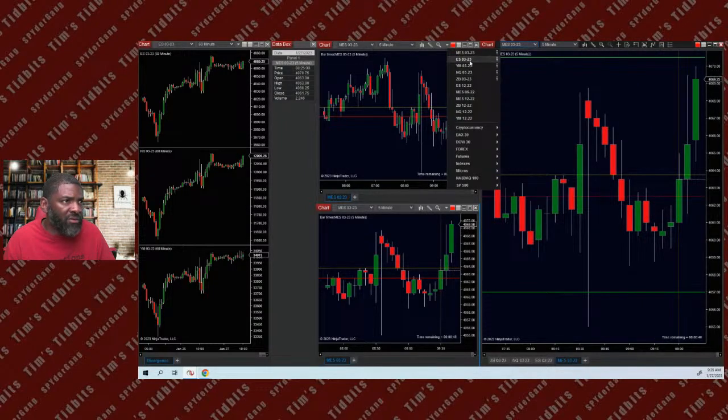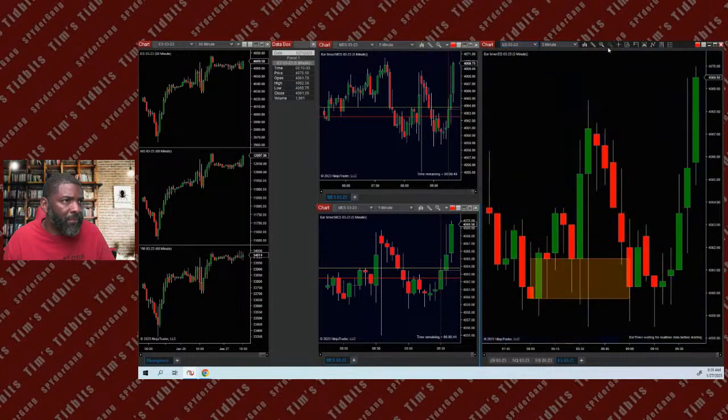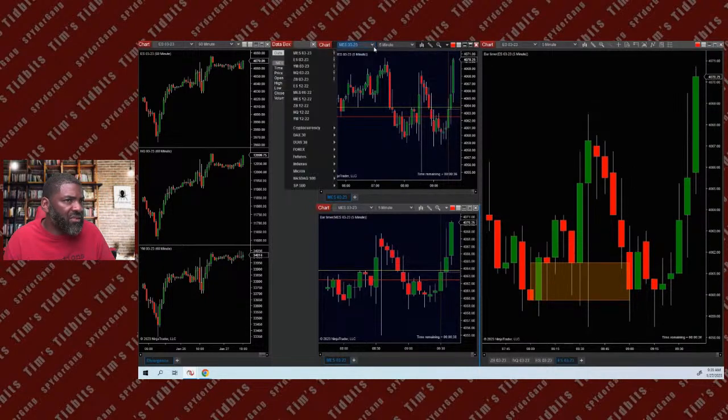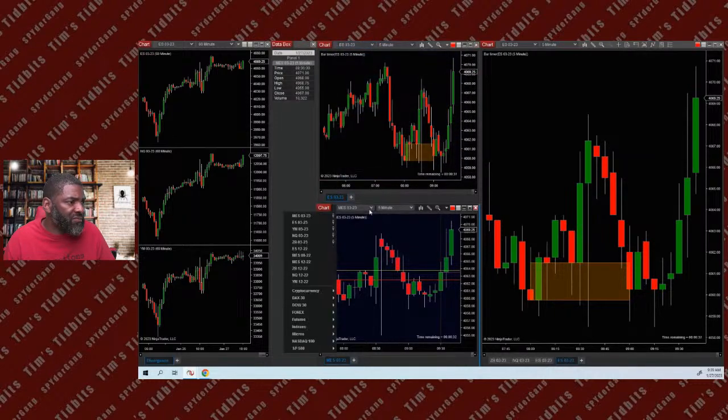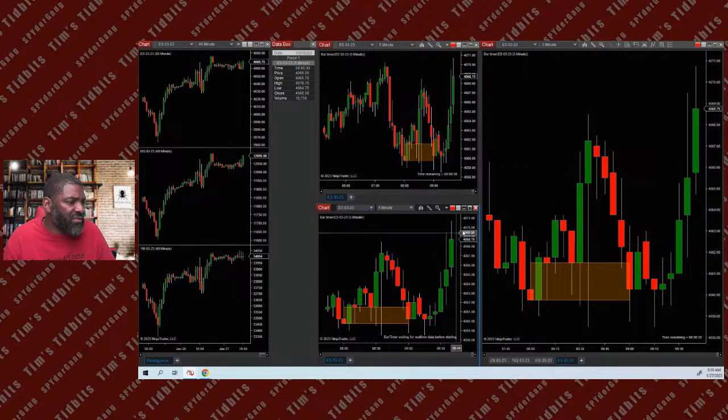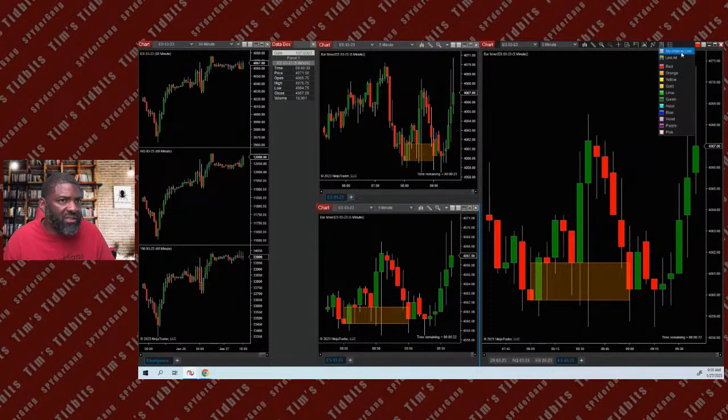Let's go to the ES. Okay, why didn't it change? It should have changed. We're taking out the high. That should have changed all of these. Why didn't it change all of them? Taking out the buy side.